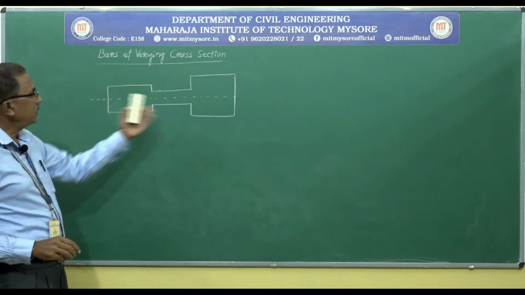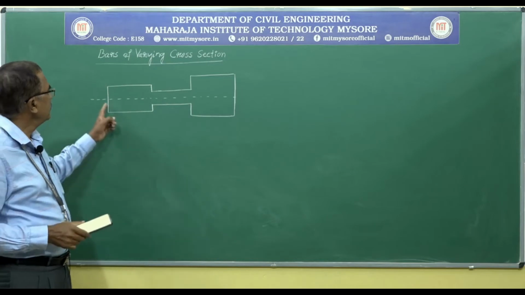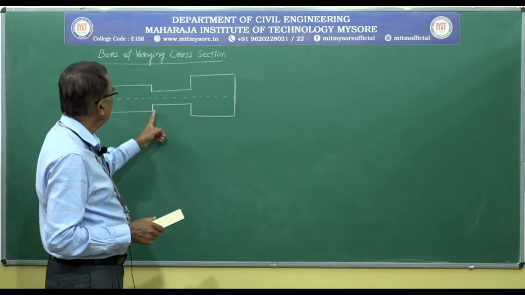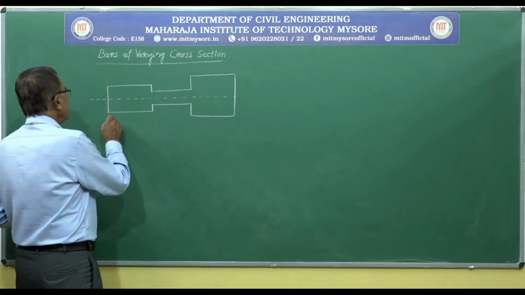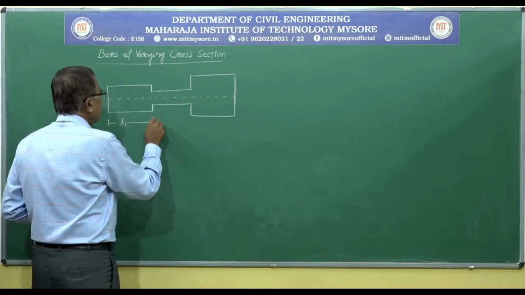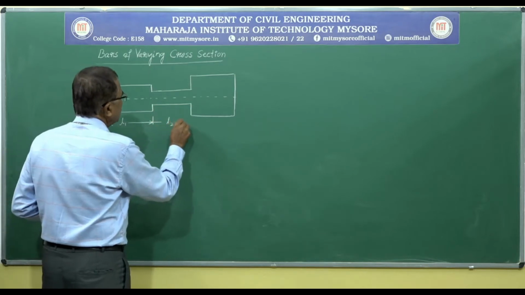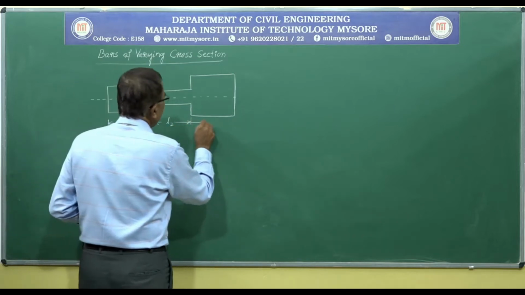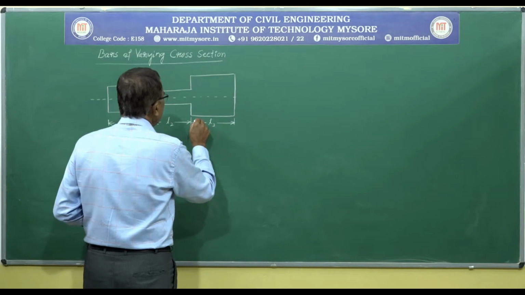So this is a typical bar of varying cross section. You can see here the cross sectional area of the bar is varying from one length to another for three different portions. Let L1 be the length of the first portion or first segment, L2 be the length of the second portion, and L3 be the length of the third portion.